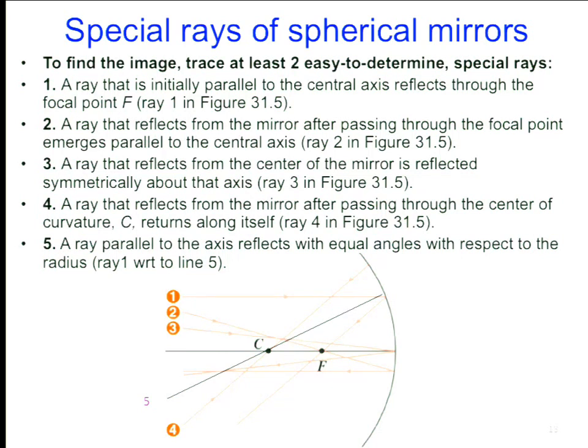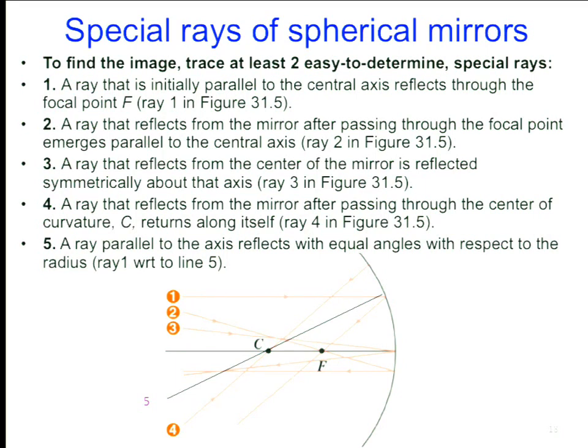For example, we know if you have a lens like this, if you send a ray through the center of the lens, it's pretty much plate glass, right? It's not angled. So the light will go through straight. So that's one nice line.